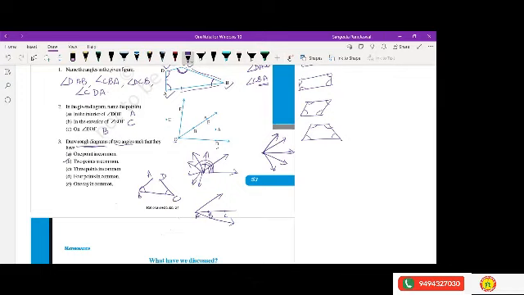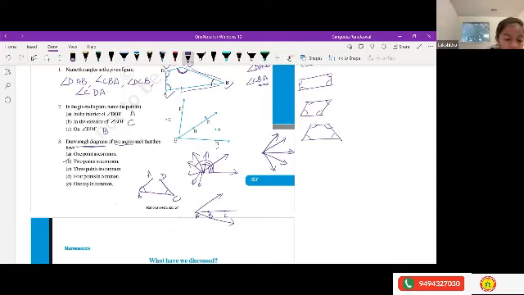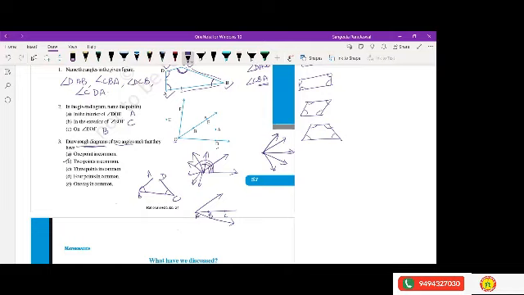A, B, and C. So similarly, you have to make two angles and you will have to show that they have 4 points in common. Okay? It's 4 points in common, right?